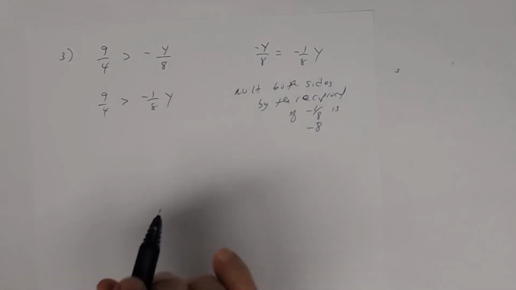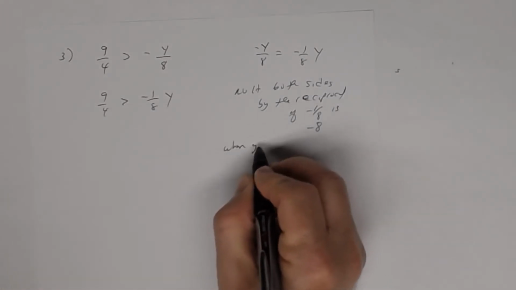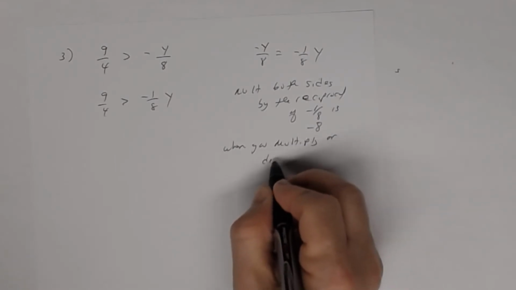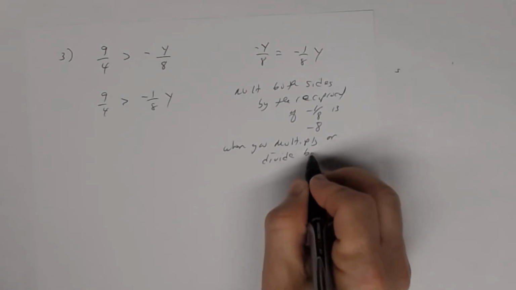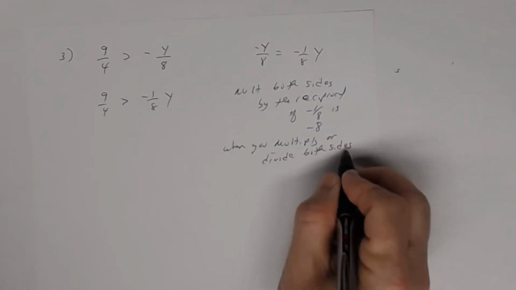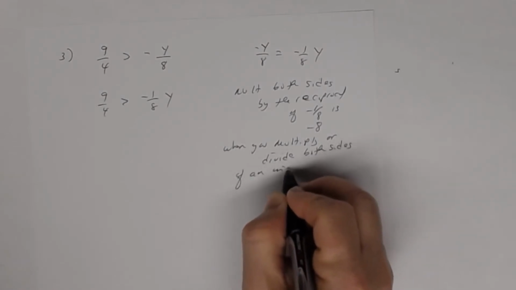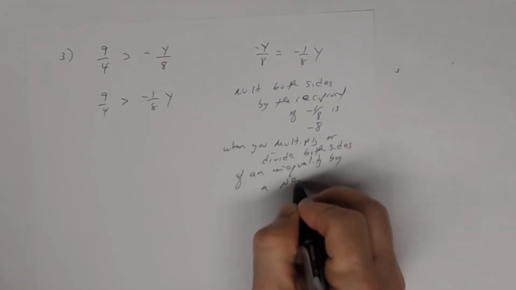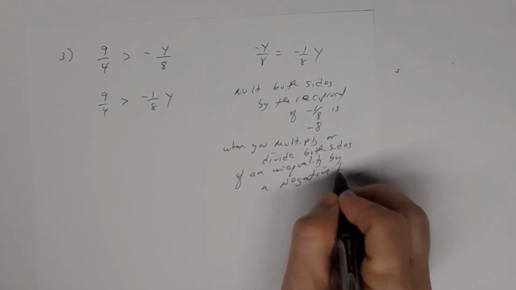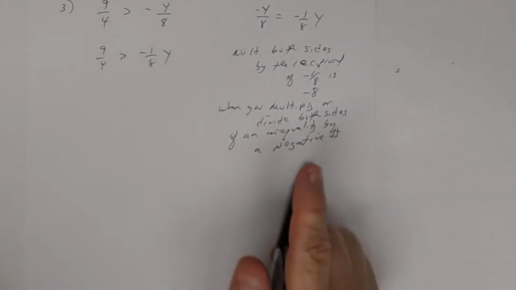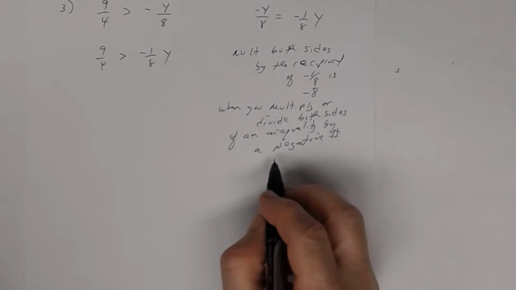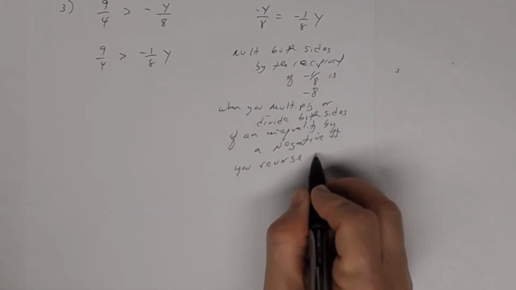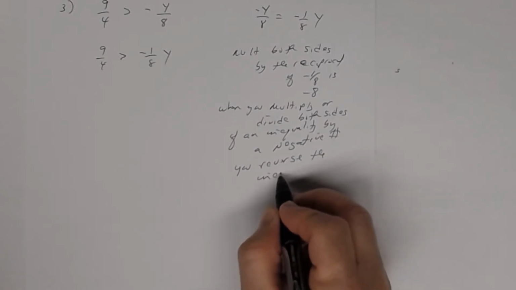All right, now one thing you got to remember, when you multiply or divide both sides of an inequality by a negative number, when you multiply both sides or divide both sides of an inequality by a negative number, you reverse or flip the inequality symbol.